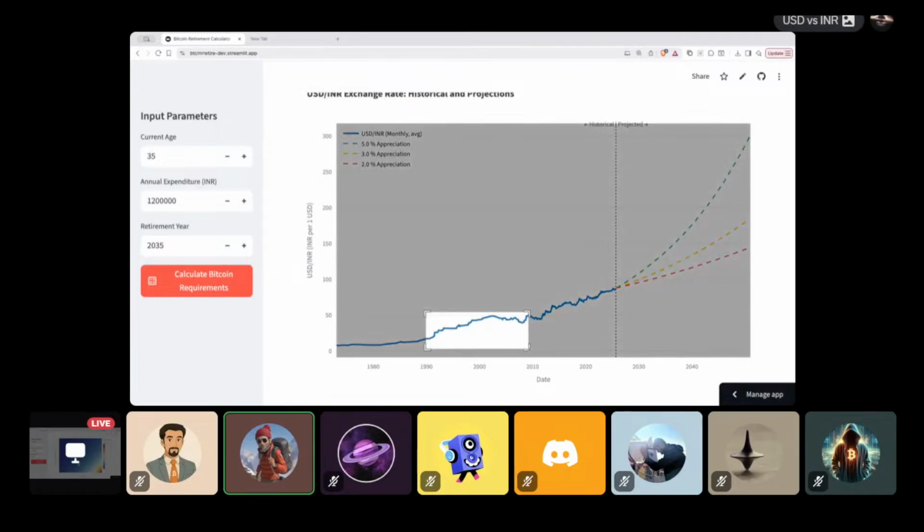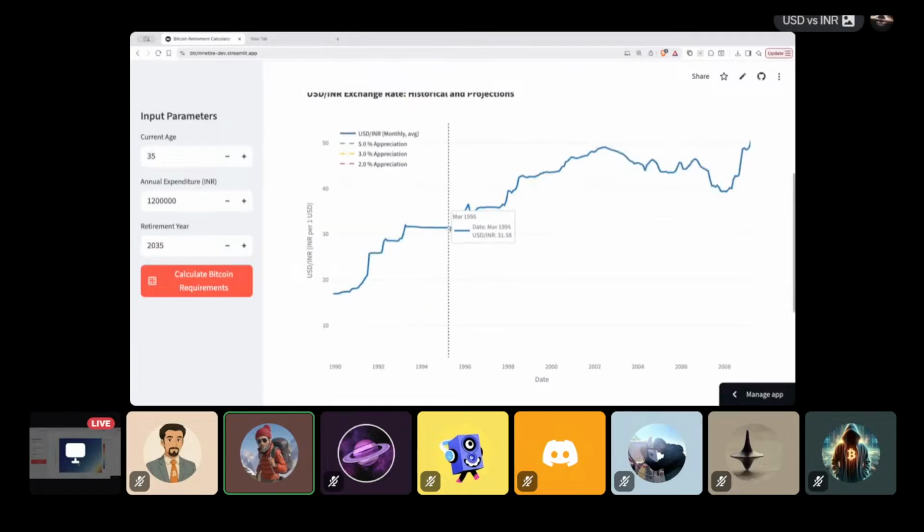These non-linear step functions are because of RBI's intervention. They try for some time to intervene, maybe a year or two or a couple of years. They try to maintain it, but eventually the market will push through any sort of barriers that the RBI tries to put in.